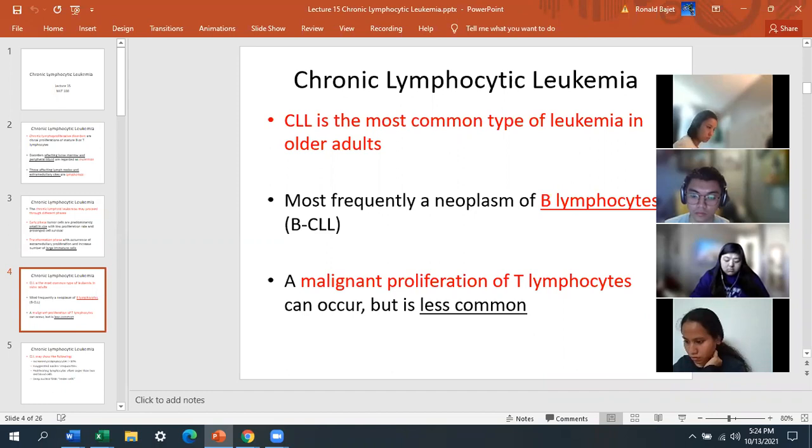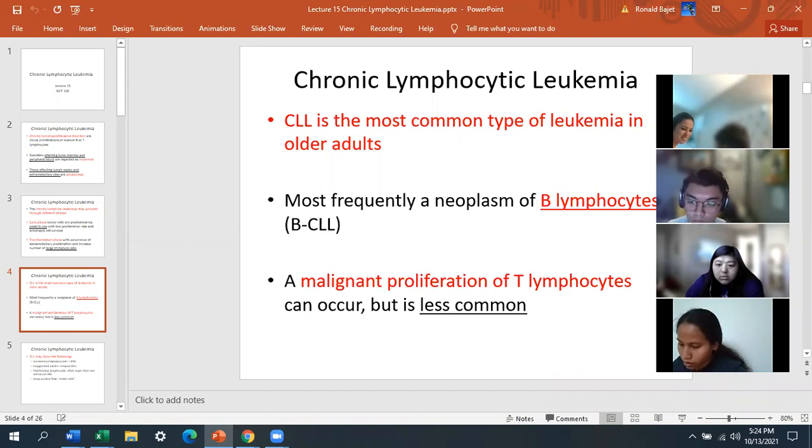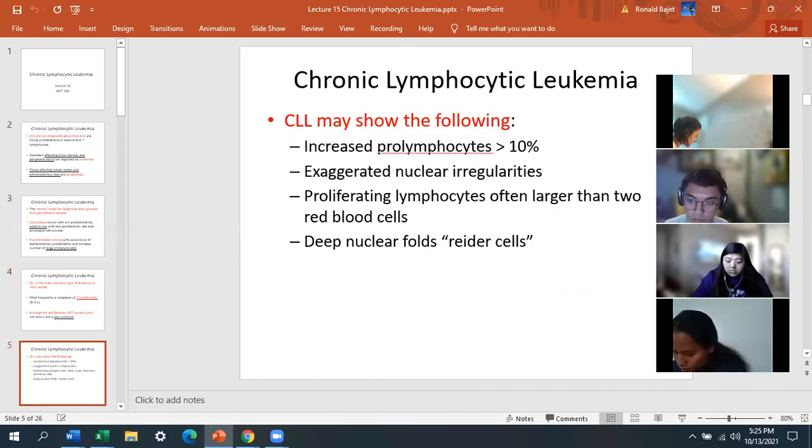CLL is most frequently a neoplasm of the B lymphocytes. Proliferation of the T lymphocytes is less common, but just keep in mind that CLL is most frequently a neoplasm of the B lymphocytes. Okay.